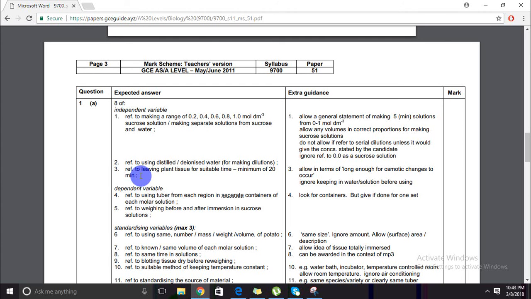I said about 2 hours, allow in terms of long enough for osmotic change to occur. So 3 marks, dependent variable, reference to using tubers from each region in separate containers of each molar solution. Yep, I definitely said that. Look for containers but give if done for one set.